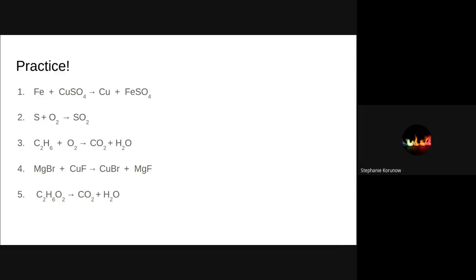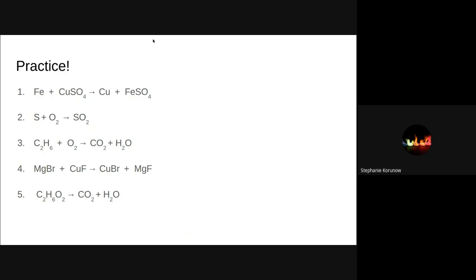So now let's look at some examples. If we look at this first one here, we have a single element and a compound. And when we look at the end, we have a new element by itself. So what must be happening here is iron is coming in and switching with copper. So at the end, copper is by itself and iron is part of the compound.